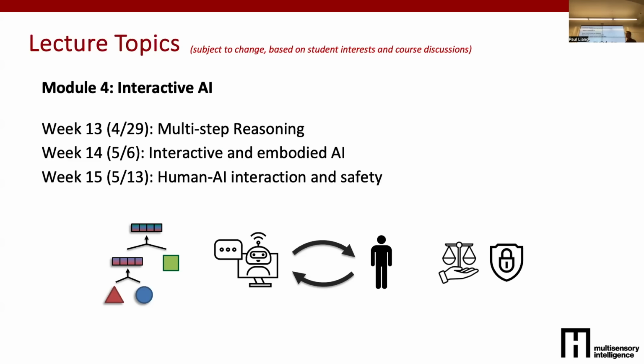How do we build some of these AI systems that can actually work in the real world, that have a physical manifestation and embodiment in the real world? And finally, in the last week, we'll cover elements of human AI interaction where there's humans in the loop, in which safety and other concerns will be very important. Okay, so about 12, 13 lectures spread out across 4 modules.